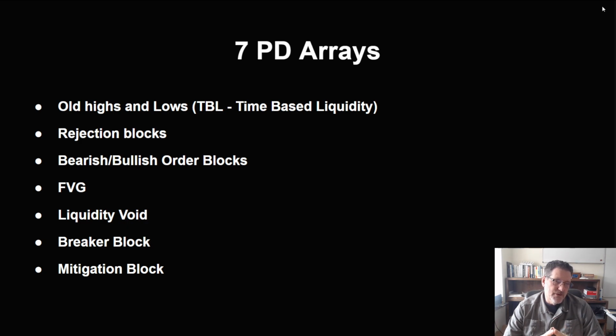Number 5, liquidity voids. Number 6, breaker blocks. And number 7, mitigation blocks. It is good to note that this is all based on the order of importance. Old highs and old lows carry more weight than a mitigation block. So that's just a good thing for you to keep in the back of your mind.